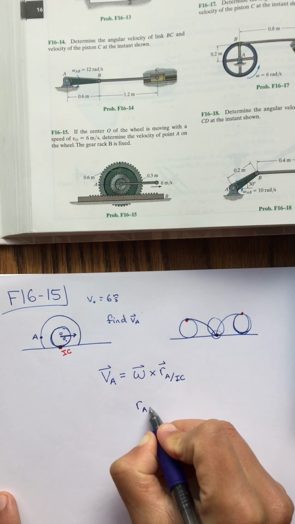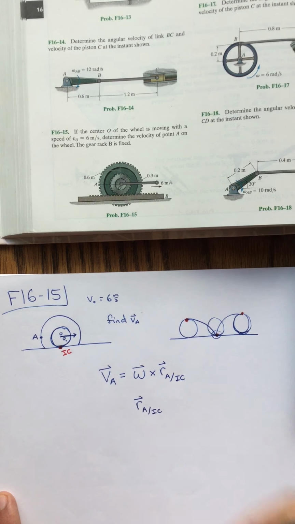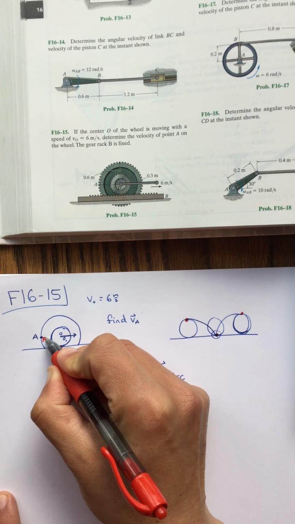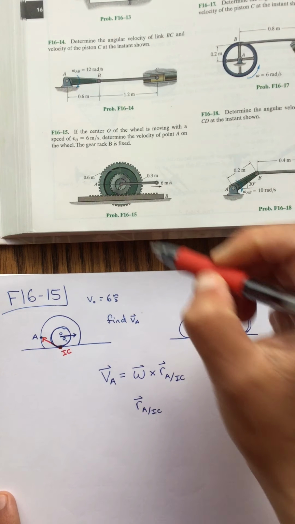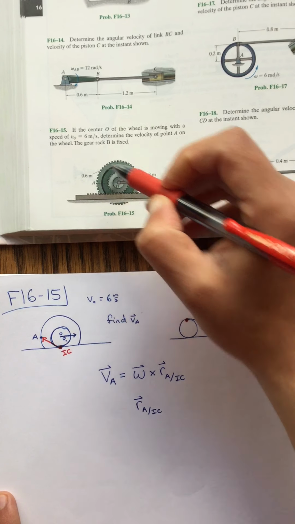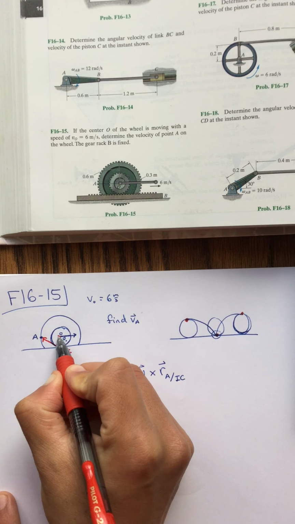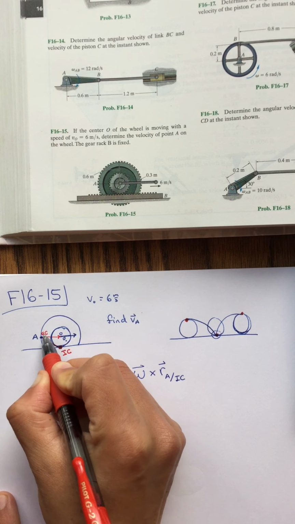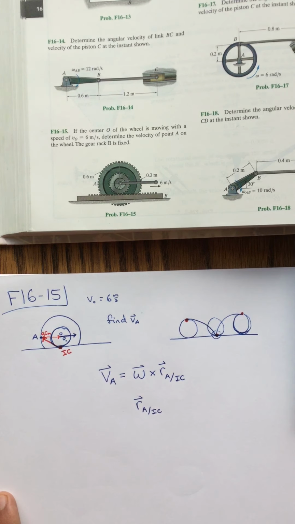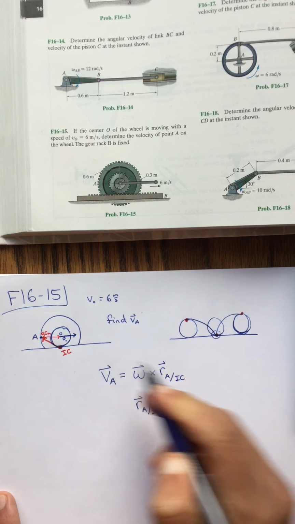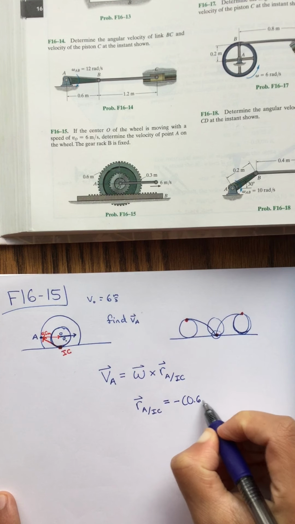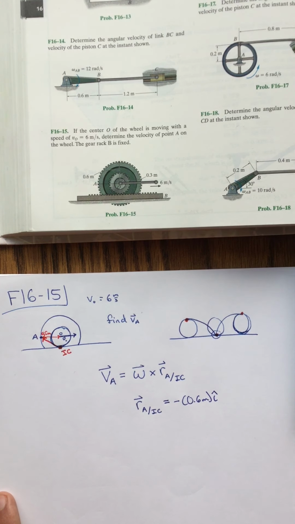The position of point A with respect to the instantaneous center. That vector goes from here to here. They gave me some distances on the diagram, which I did not put on my picture, but I can get them from up here. So the outer radius is 0.6 meters, so that's going from here to here. So in the horizontal direction, we're going to the left, so that's negative 0.6 meters in the I hat direction.